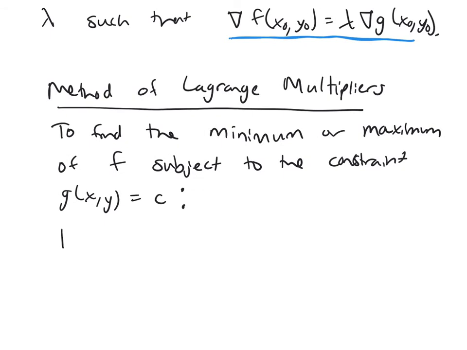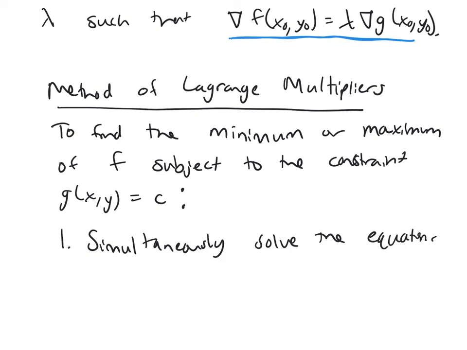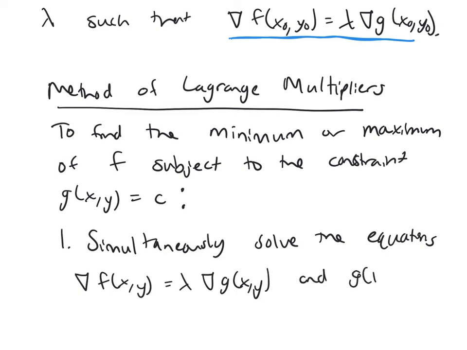So the first step, you're going to simultaneously solve the equations, the gradient of f equals lambda times the gradient of g, and your constraint equation, g of xy equals c.